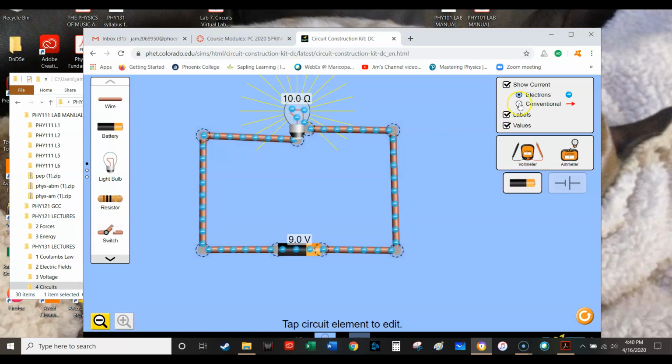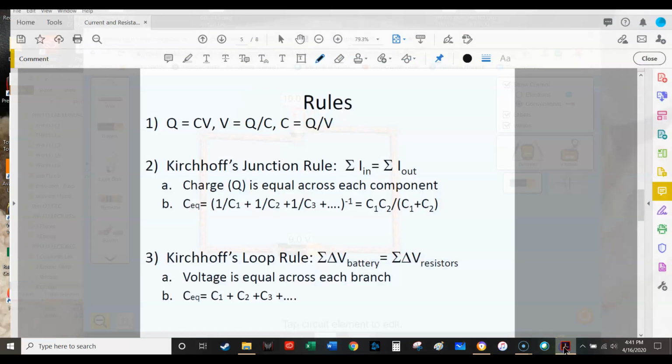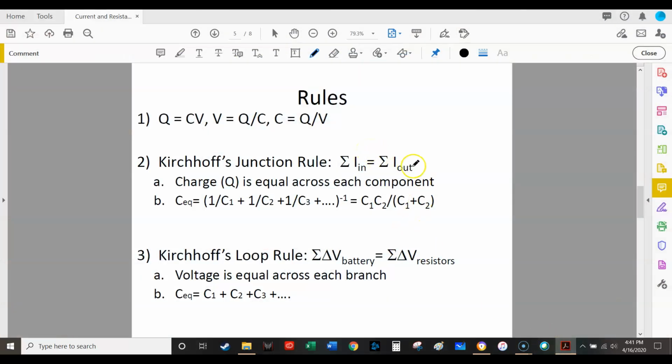Basically, since current is the electrons moving in the opposite direction, what we could do is apply the junction rule as if we're dealing with the actual charges. What I'm talking about is this. The charge building up on one plate, the charge flowing into one area is going to be distributed, so the charge in is going to be equal to the charge out, right?